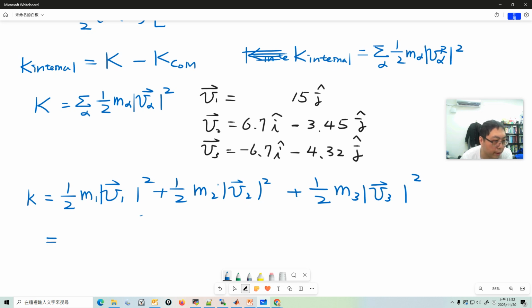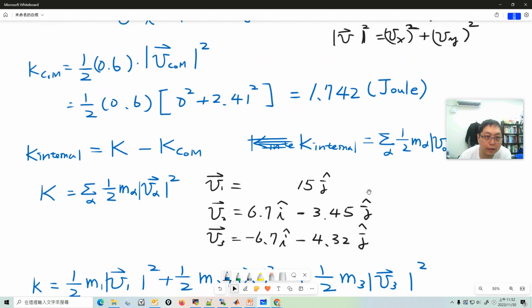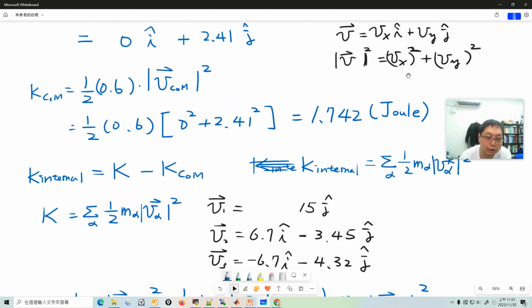The mass of each particle is the same, 0.2 kilogram. So it's 1 over 2, 0.2 kilogram, and what's the magnitude square of V1? If you forget how to calculate the magnitude square, it's just the component squares added together. Two-dimensional problems have two terms.